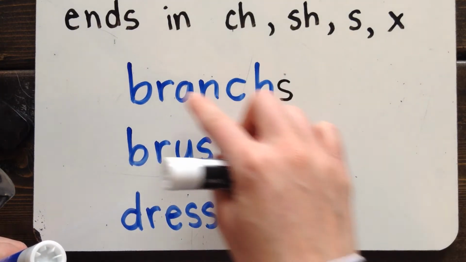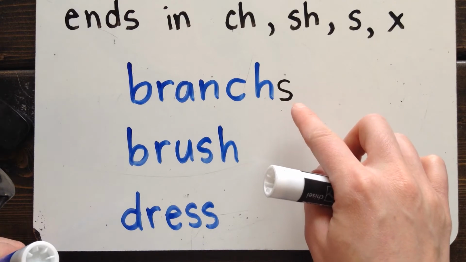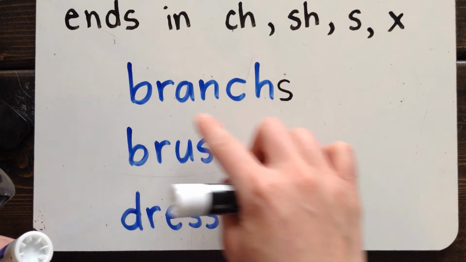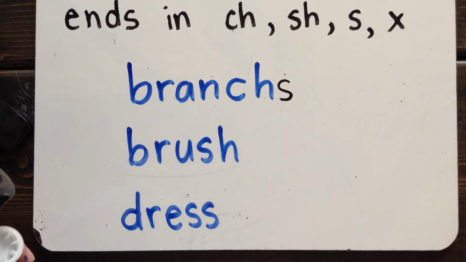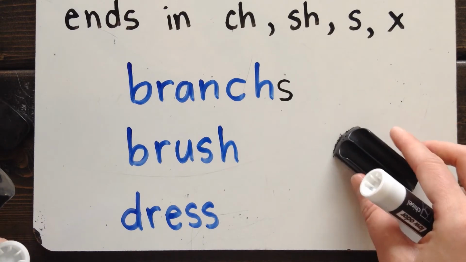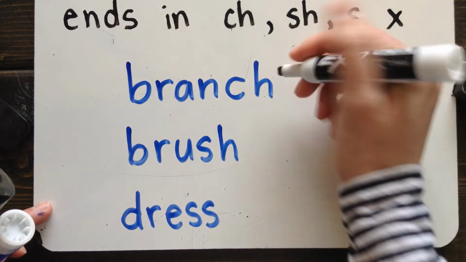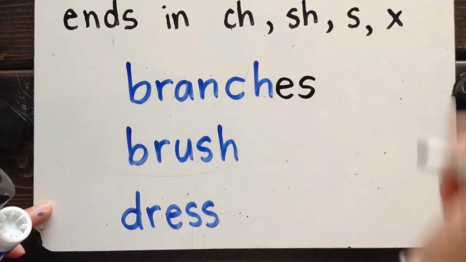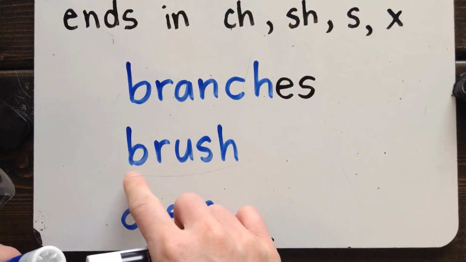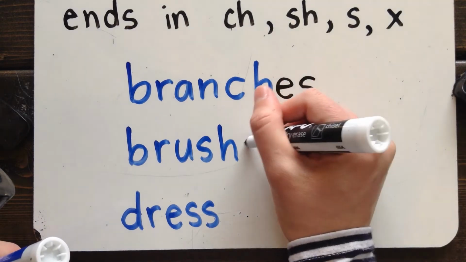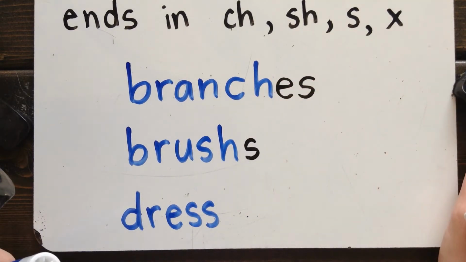Branch. The birds are sitting on the branch. I want to say the birds are sitting on the branches. There's an extra sound in there. I need to add an es. This word says brush. If I try just adding an s, it won't sound right.